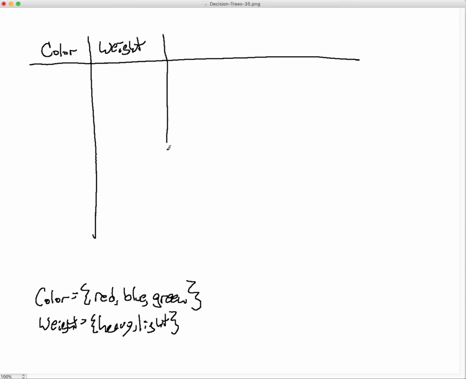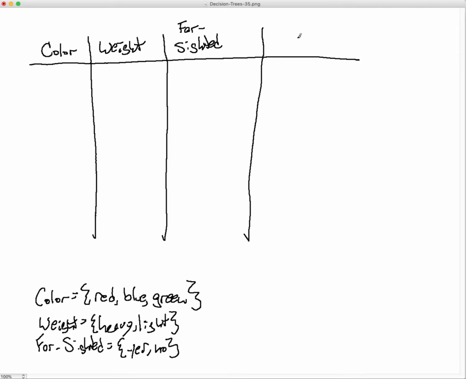And I'll make something up here, far-sighted. So far-sighted can be yes or no. And over here, I have classification, or I'll call it type.